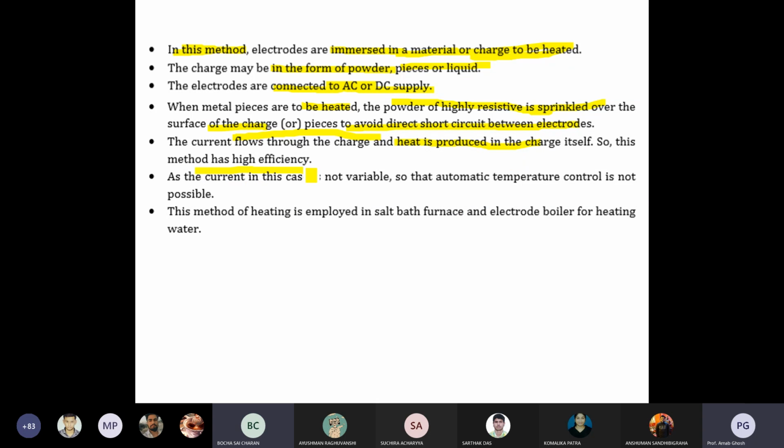As the current in this case is not variable, automatic temperature control is not possible. The only possibility is to increase or decrease the voltage of the electrodes by using the power supply. This method of heating is employed in salt bath furnaces and in electrode boilers for heating water.